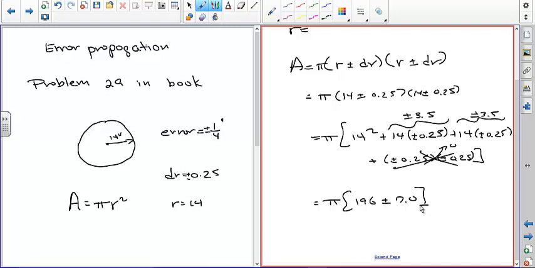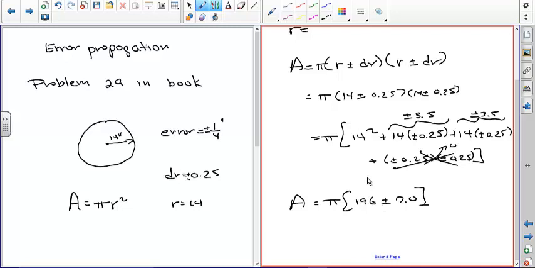So your area value is going to be, the average area value is just the nominal values multiplied together, but the error part is not just 0.25, it gets multiplied by 14 and it gets multiplied by it twice, so you end up with double the amount. And so that would give you an idea of how you would estimate the error in the area calculation based on the original length measurements.